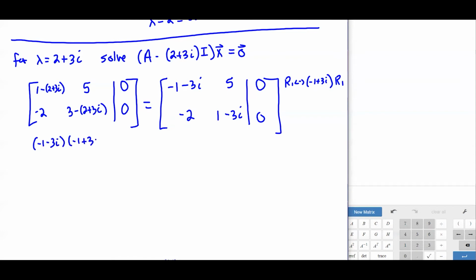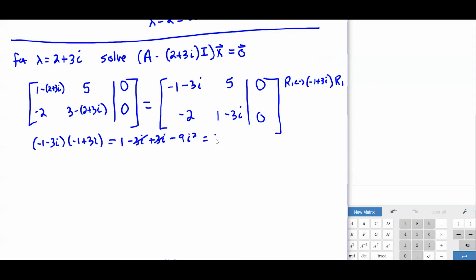So what happens if we multiply these two together? So I get plus 1. Here I get minus 3i. Here I get plus 3i. So those cancel out. That's going to get rid of the i's. That's what's going to make this a real number. And here I have negative 9 i squared. And again, i squared is a real number, right? i squared is negative 1.